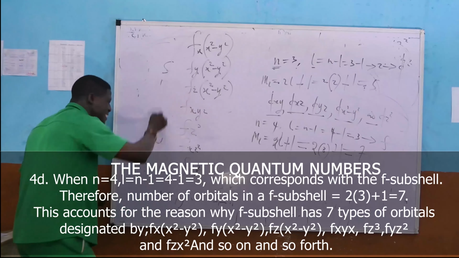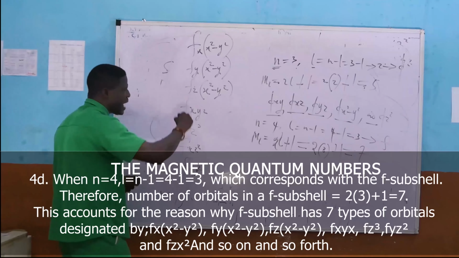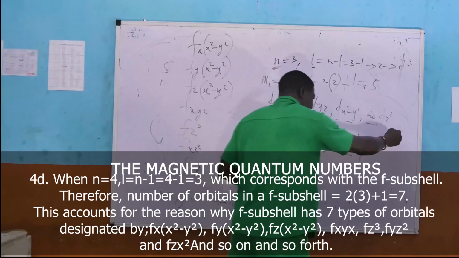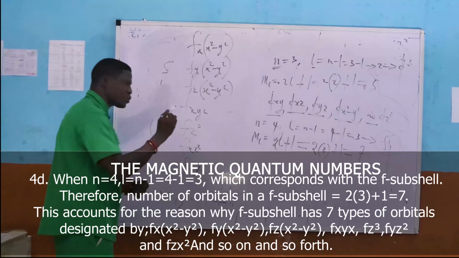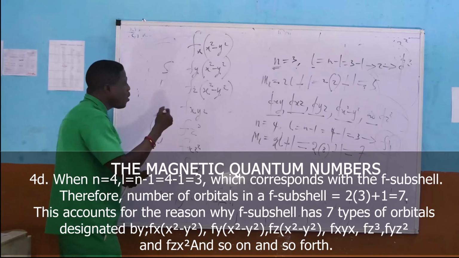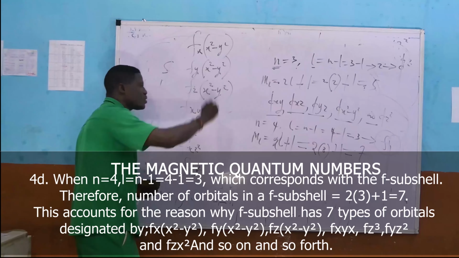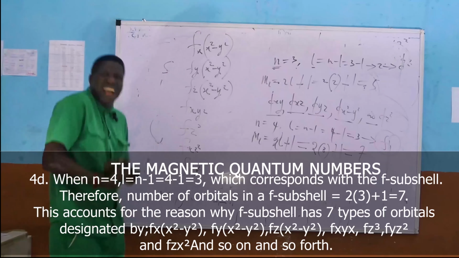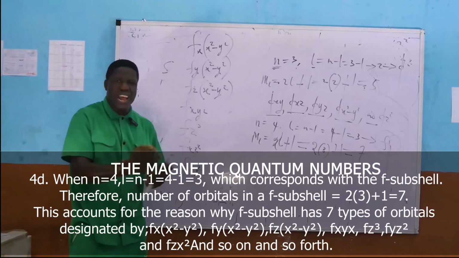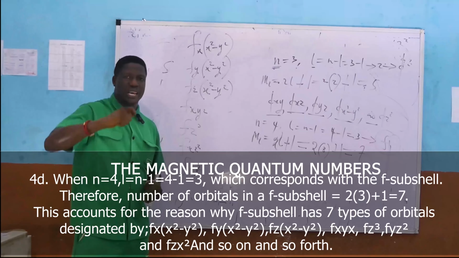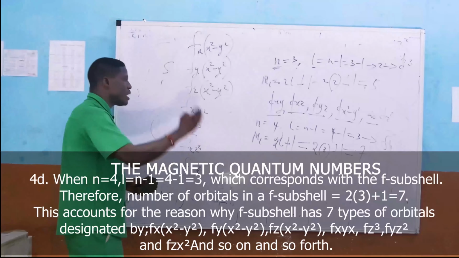So these are the 7 types of subshells that are contained in the F subshell. Like I said before, please, all efforts must be made to have a master knowledge of each of the subshells, because it will enhance your writing of the electronic configuration of any given element as contained in the periodic table more professionally. So take note of that.